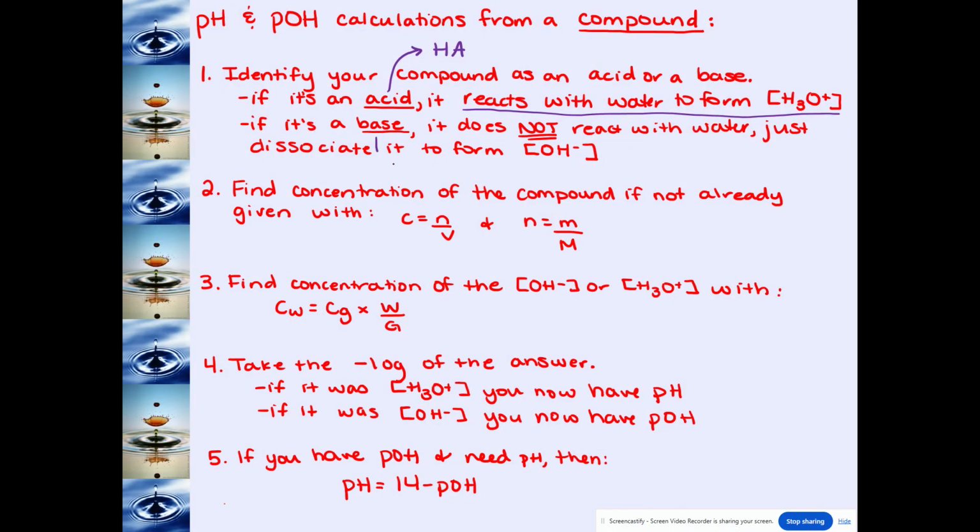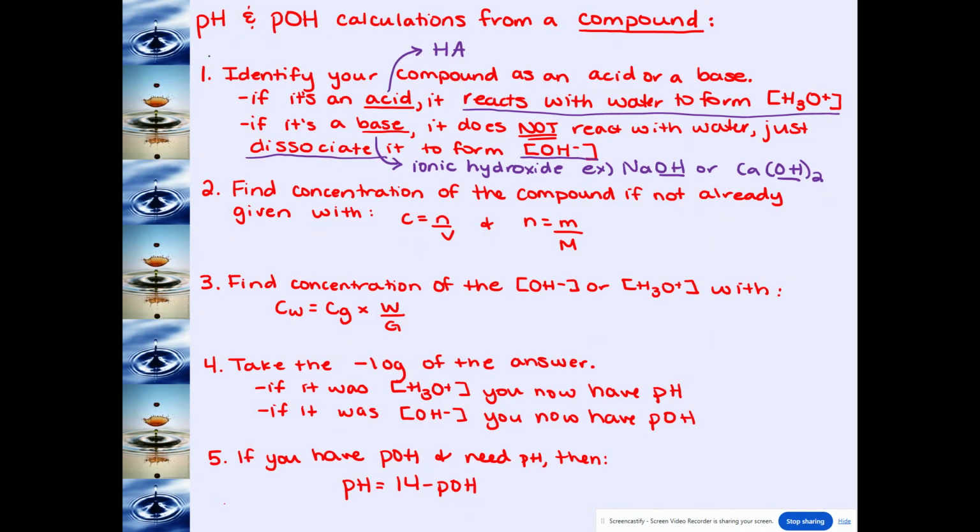If you have a base, and it's always going to be a strong base, it's going to be an ionic hydroxide. So what that means is essentially it's a metal bonded to the hydroxide ion. So something like sodium hydroxide or calcium hydroxide, some kind of metal bonded to hydroxide. Okay? You do not react those with water, you just dissociate them to form hydroxide ions. Okay?